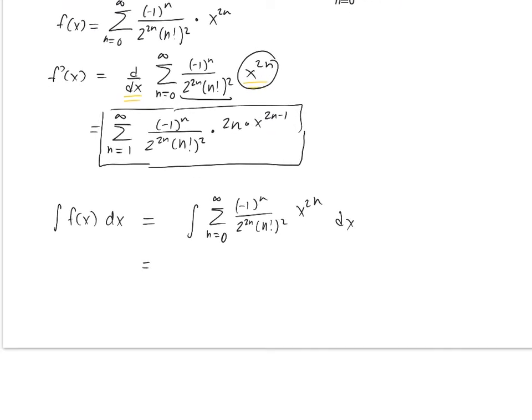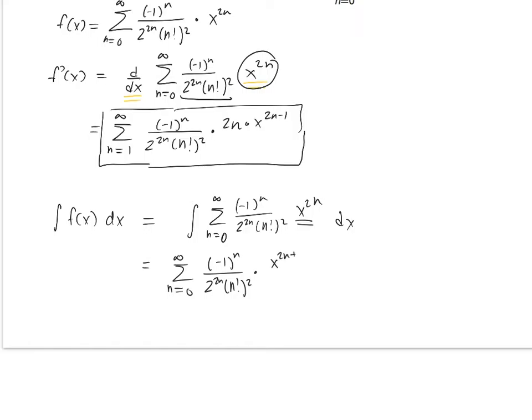So with the integral, do we have to start our sum someplace different? Nope. Okay, so the sum is n equals 0 to infinity. Which part of this are constants and don't matter? The first piece. Negative 1 to the n, 2 to the 2n, n factorial squared, and then you integrate x to the 2n. What's the antiderivative of x to the 2n?